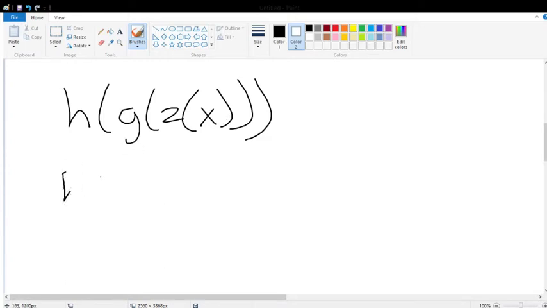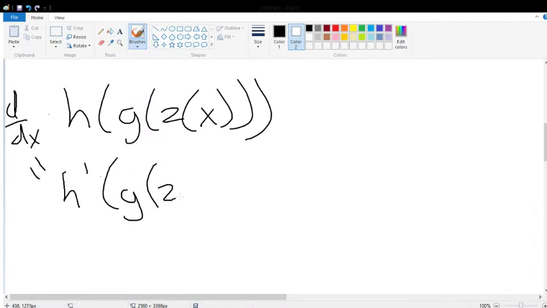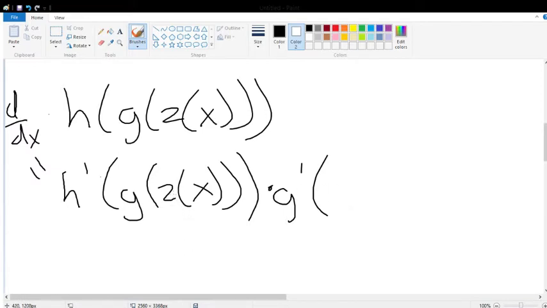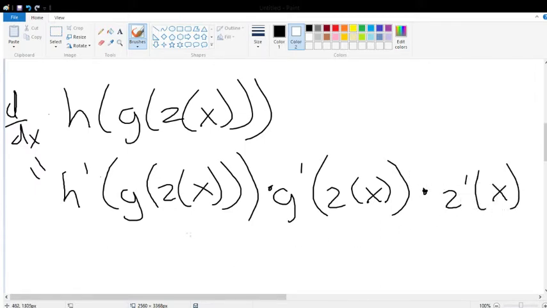The chain rule tells us that the derivative of this would equal x prime evaluated at the interior function, which is this piece right here, times g prime evaluated at its interior function, z of x, times, and finally, z prime of x.